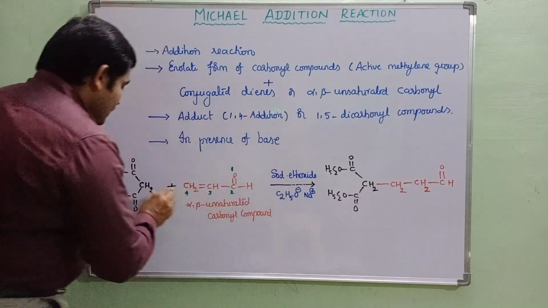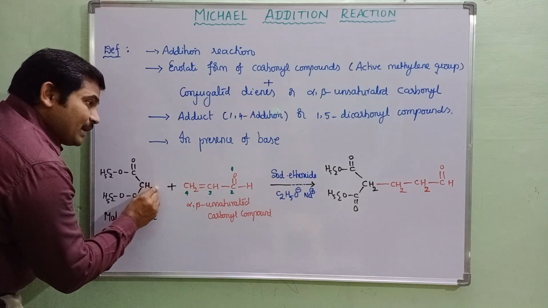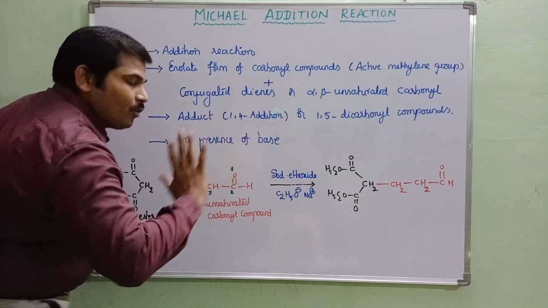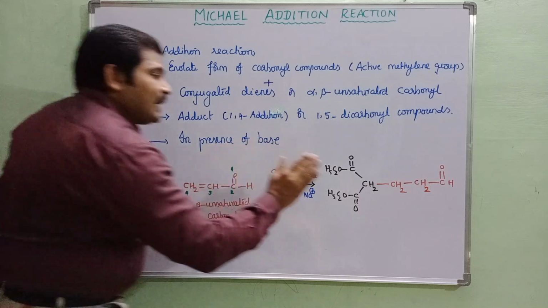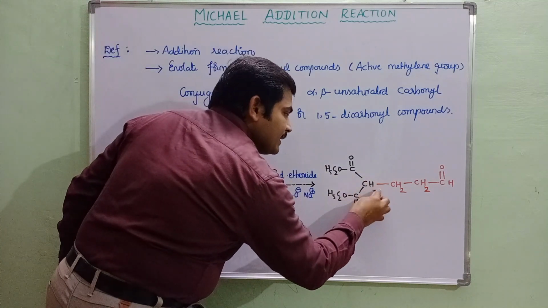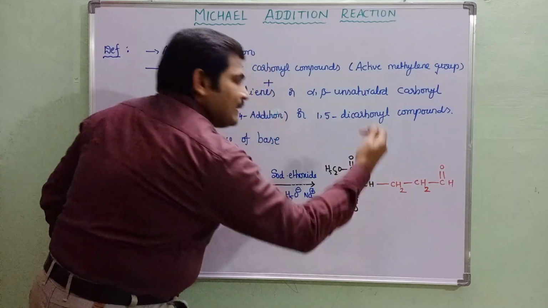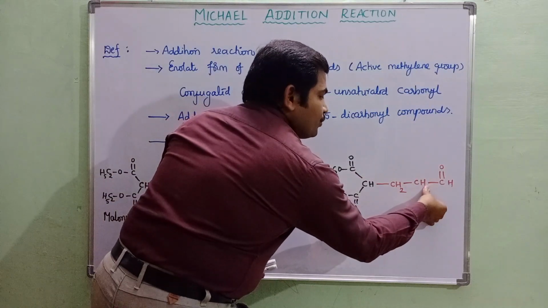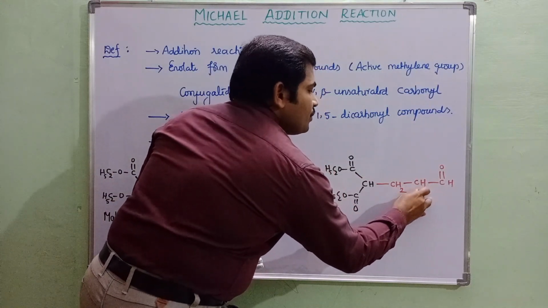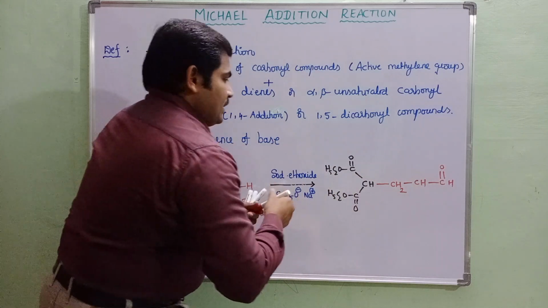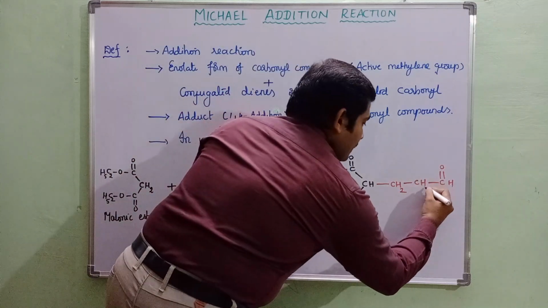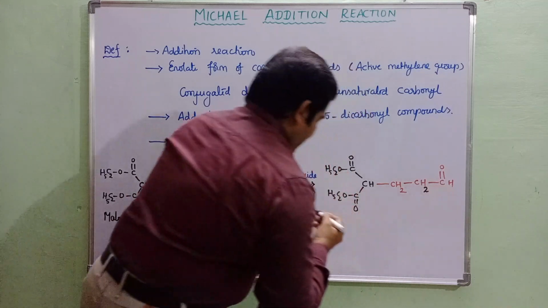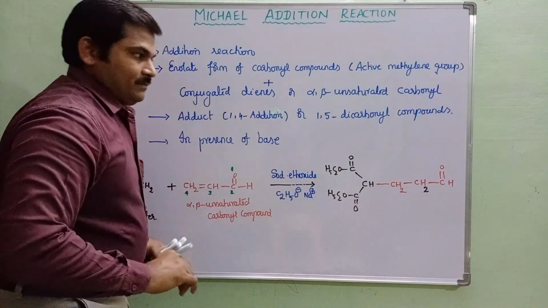Let's write. Here, one active hydrogen is going to be removed. That is transferred to the alpha carbon atom. We will see the mechanism later.